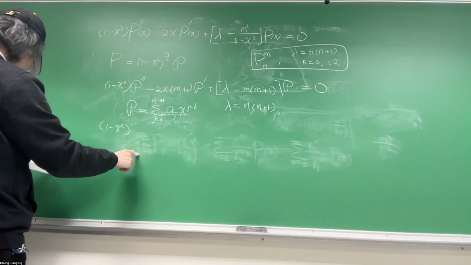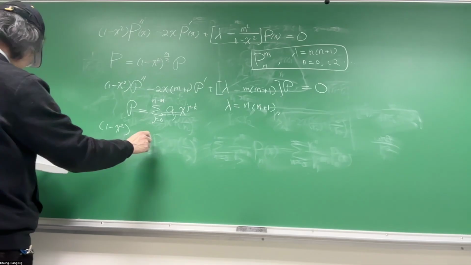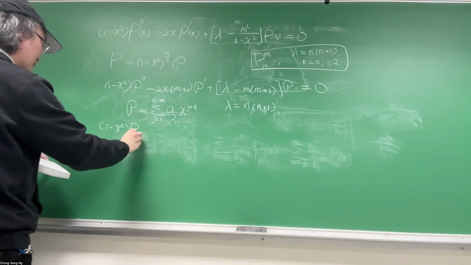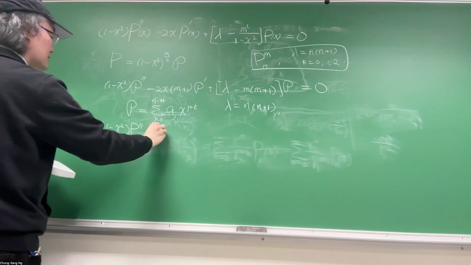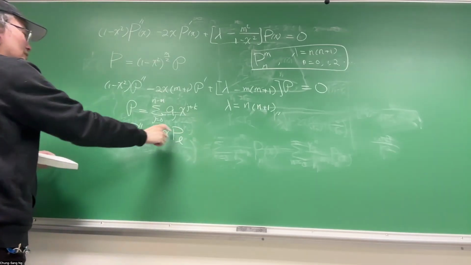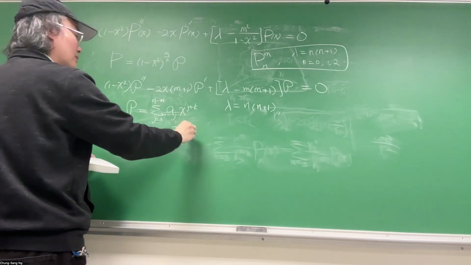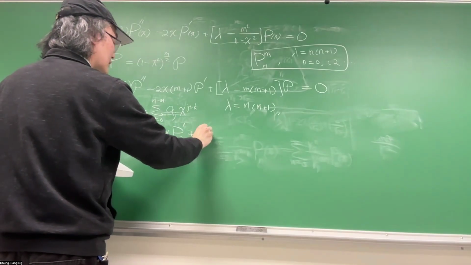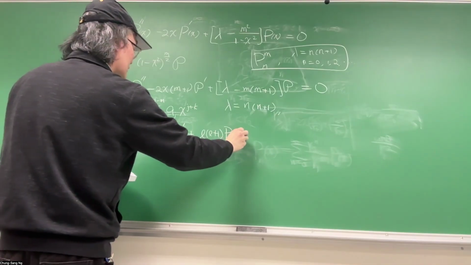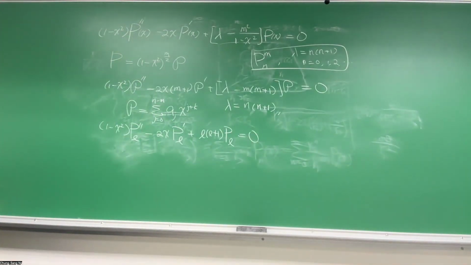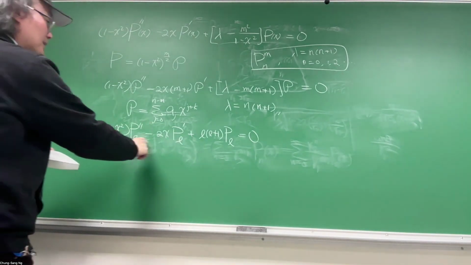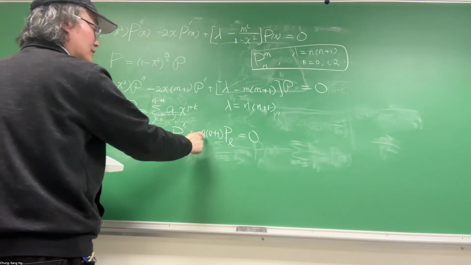Now, writing out explicitly in your textbook, going back to L: 1 minus x squared P_L double prime minus 2x P_L prime. This is not script, this is just the usual Legendre polynomial. And then plus L times L plus 1 P_L equals 0. This is the Legendre equation, satisfied by this P_L for a given L value, right?